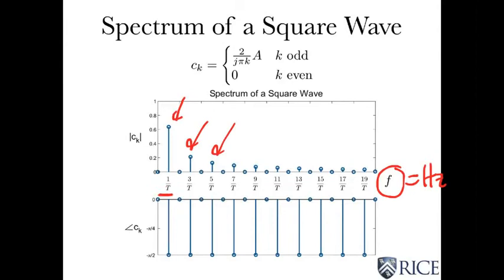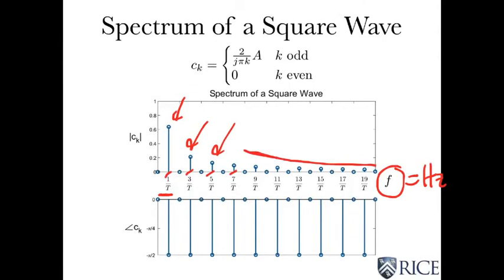So a square wave that has a period of 1 millisecond has Fourier series coefficients, has a spectrum at 1 kilohertz, 3 kilohertz, 5 kilohertz, etc. And the amplitude is going down like 1 over the harmonic numbers. That expresses the superposition of complex exponentials that we need to produce a square wave.